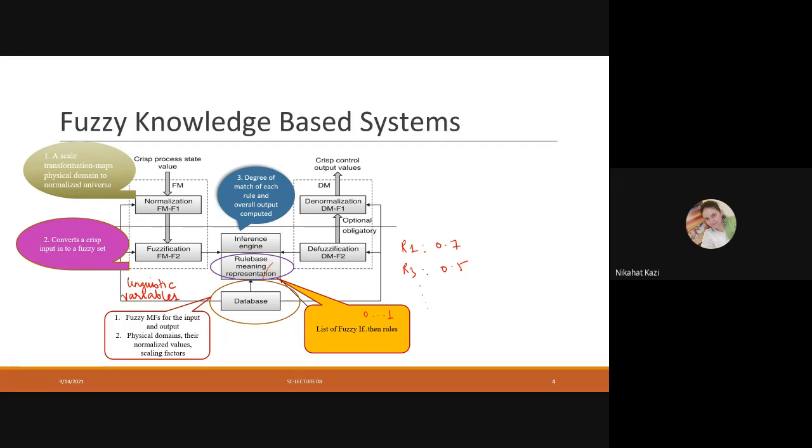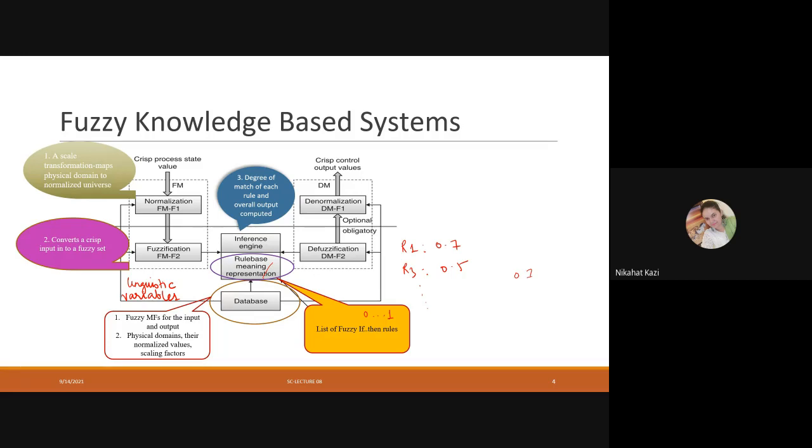Okay. So then once this inference engine is used, you do a defuzzification, because whatever output you have got is still a fuzzy set, right? Whatever output you have got is still a fuzzy set, because all these are fuzzy rules. So in the then part also you have some degree of match, some 0.7 or 0.85, whatever.